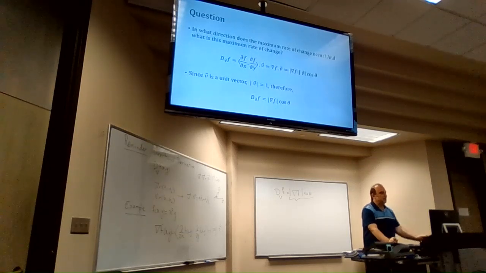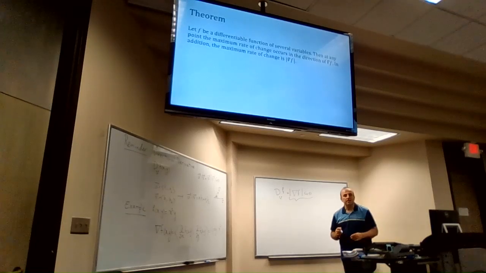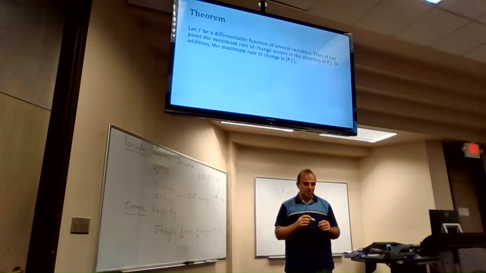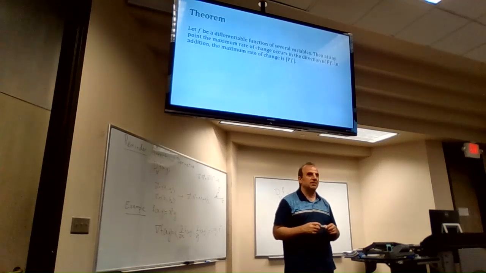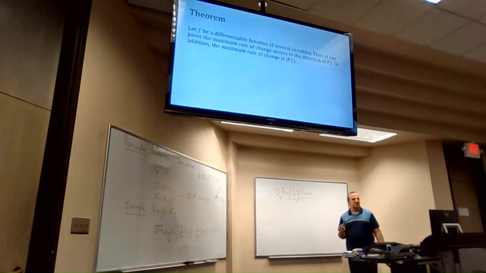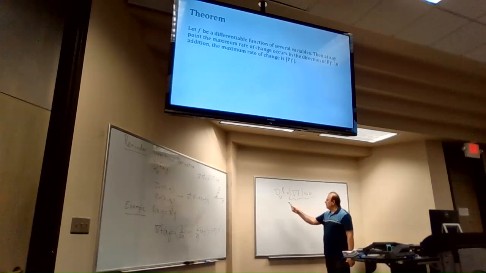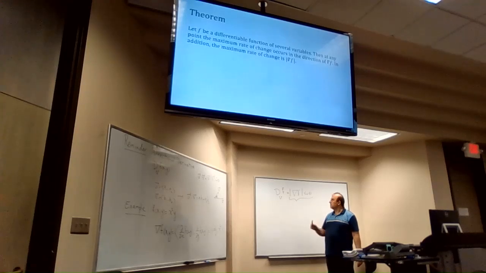The maximum rate of change happens when the unit vector is in the direction of the gradient, because then cosine of theta will realize its maximum. And the maximum value of the directional derivative at any point, when theta is 0 and cosine theta is 1, will be the norm of the gradient.